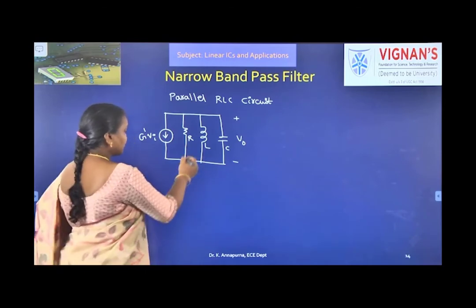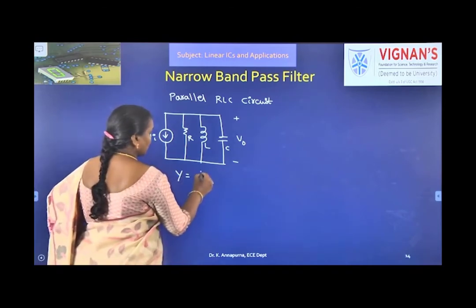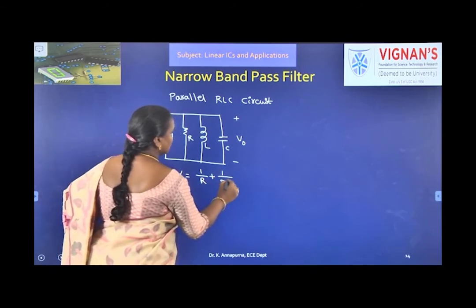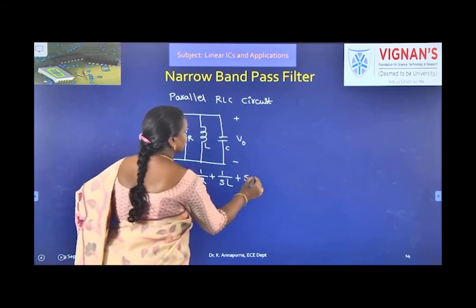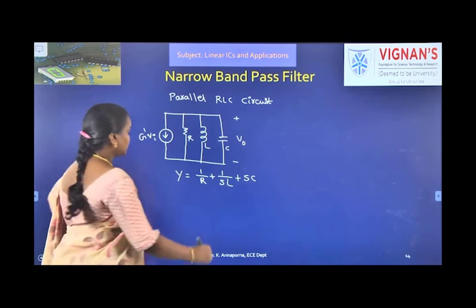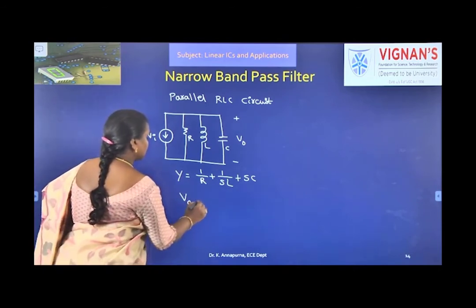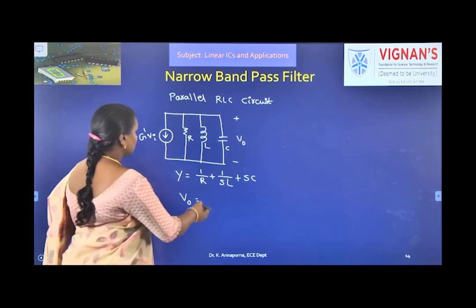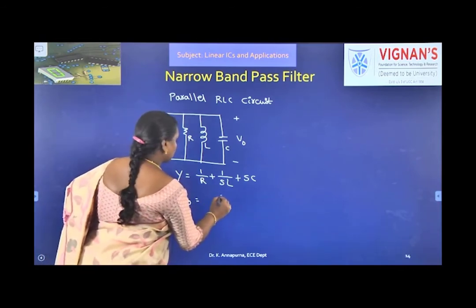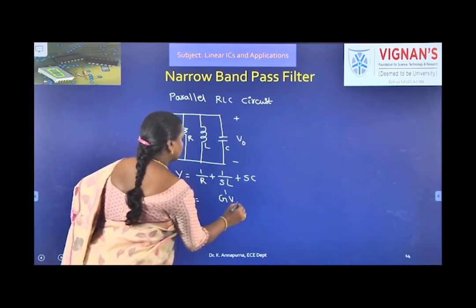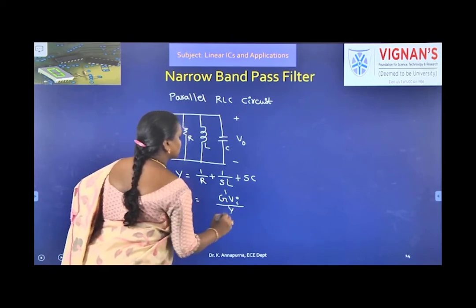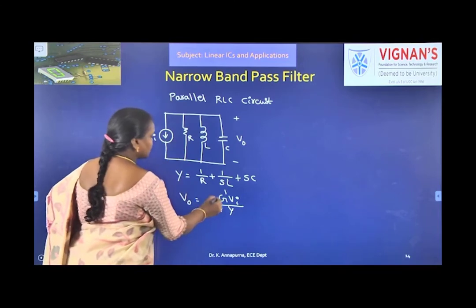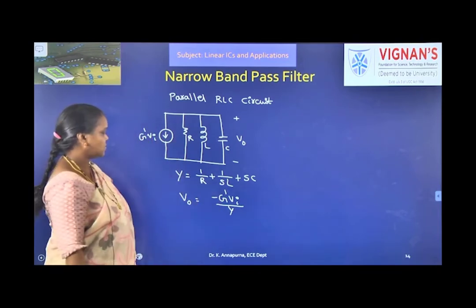And what is the admittance of this circuit? 1 by R plus 1 by SL plus SC. Then what is V naught? V naught is equal to, okay, impedance into current will give you the voltage. So that current source by admittance, and the sign of the direction of current is opposite, so take minus.